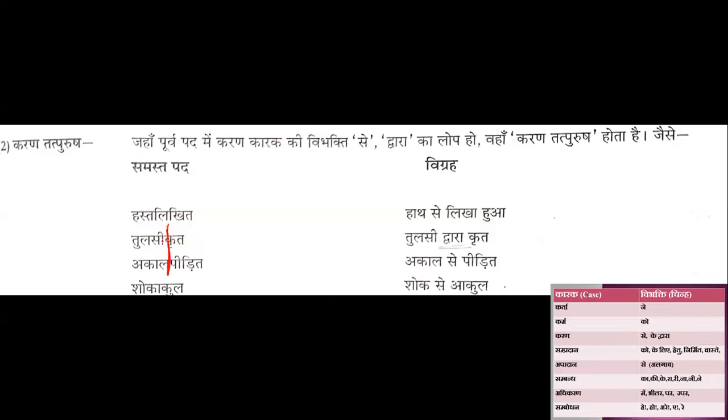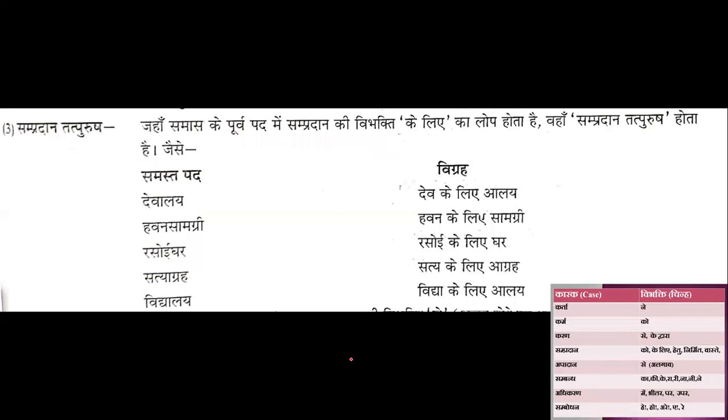So something which is made by Tulsi. Tulsi Dwara Krit, made through Tulsi. If Tulsi Das writes a poem, we say the poem is written by him. It is Tulsi Krit. So these are a few other examples. Please go through them.